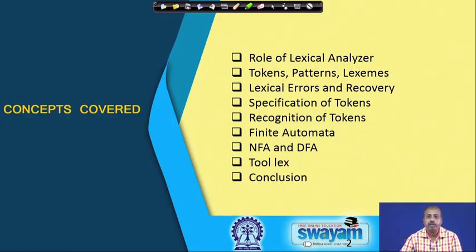If I consider that entire URL as a single word, that word structure is definitely different from the variable declaration statement that we have in some programming language. So, we should be able to specify the desired tokens very clearly, and that should be very unique.